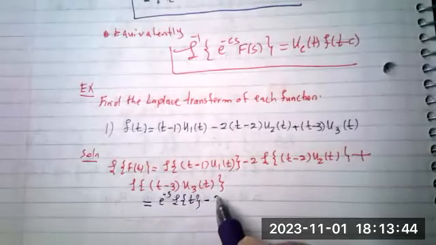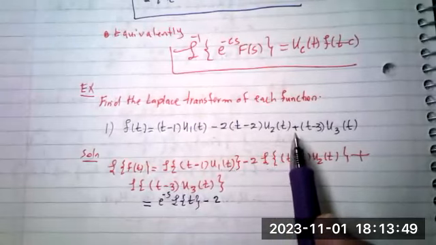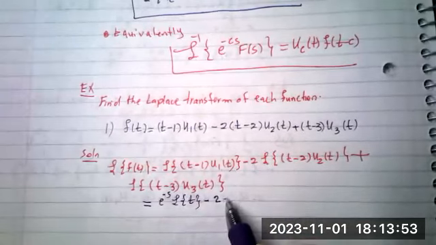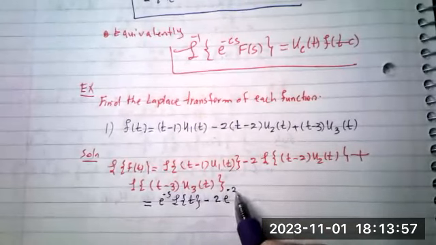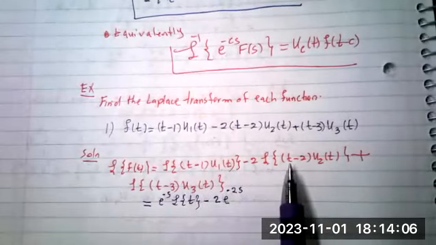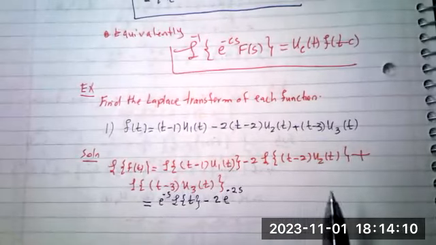Minus 2 times the second one. The second one, you have u2 of t. Because of the u2, you are going to have what? e to the negative 2s. Now the function. I write it down. This is the first one, then I do it. Again, the function, if you can see, is f of t equal to t, because you changed the t to t minus 2.